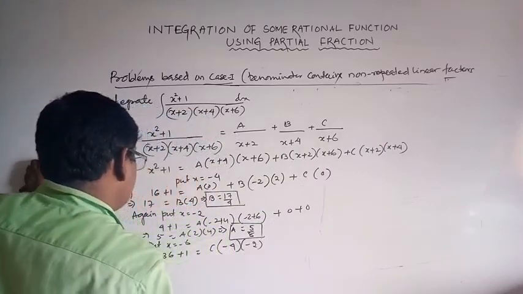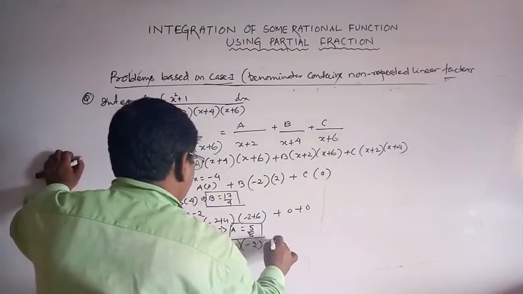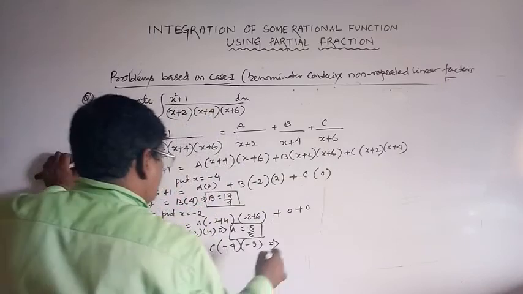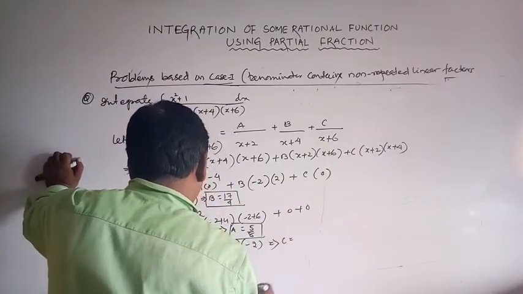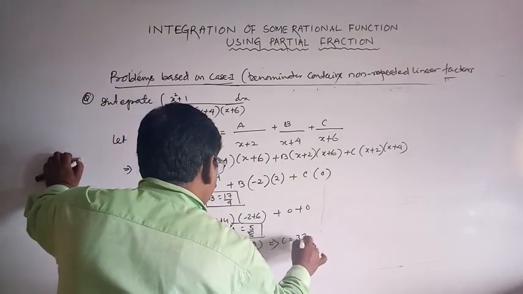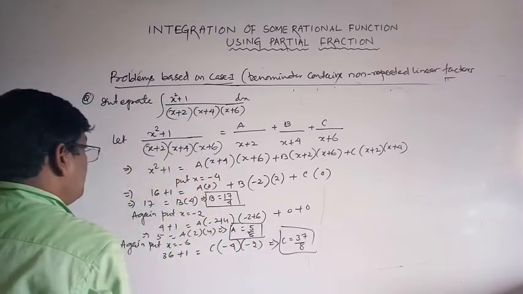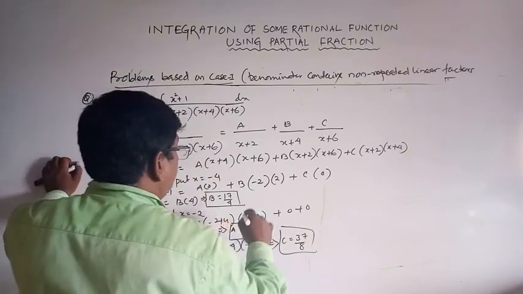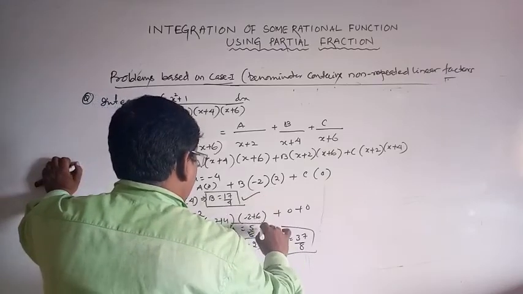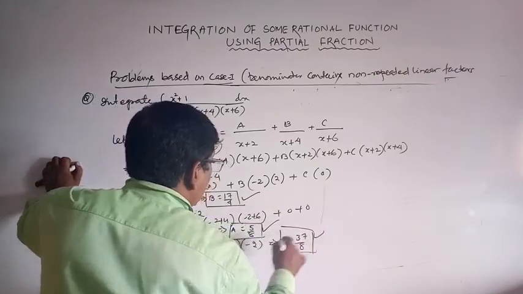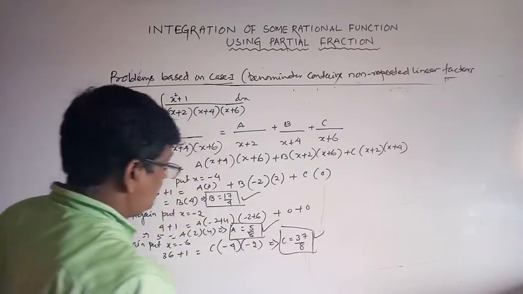So 8C is equal to 37. C is equal to what? 37 by 8. Here the values of A, B and C are calculated.